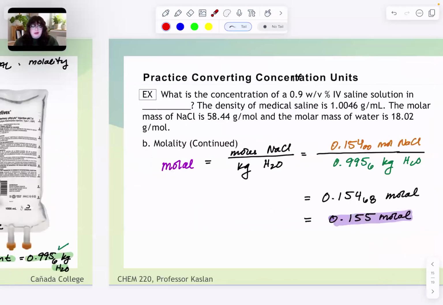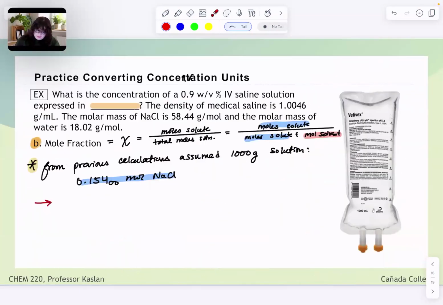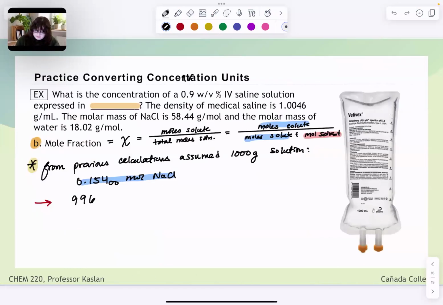So going back, let's take this mass, which is our kilograms expressed as grams, so 995.6 grams of solvent, H2O, and recycle it here.